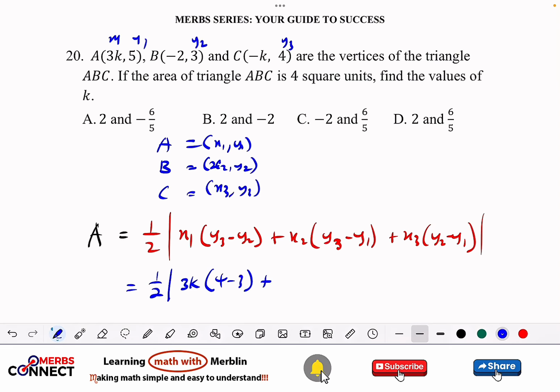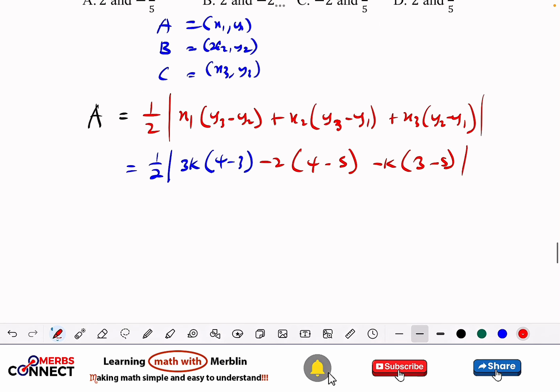This is x1, x2, x3. So that's what I'm doing there. X2 is minus 2, so this one will be minus 2, 4 minus y1 is 5, plus x3 is minus k. So I'm going to have minus k. Y2 is 3 and y1 is 5. So that's what I'm going to get.